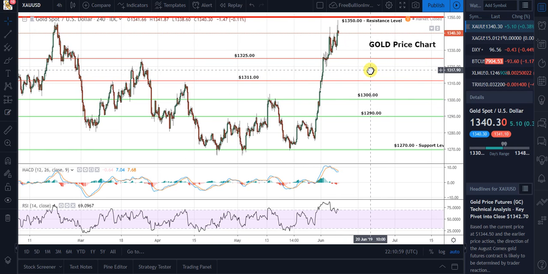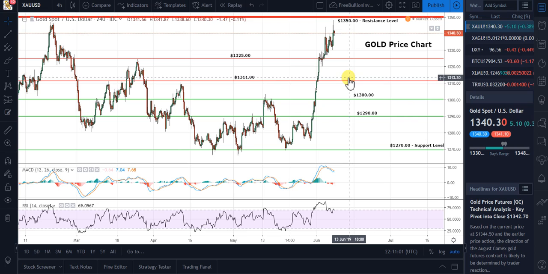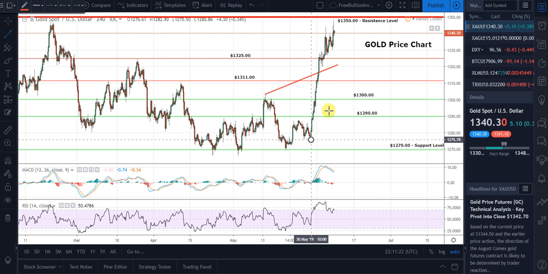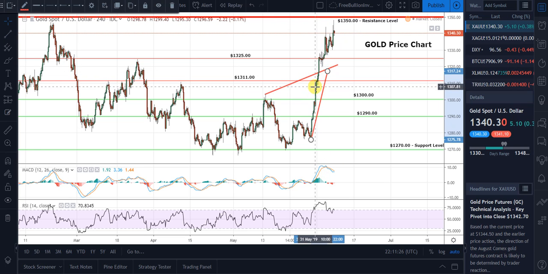Now, as far as its outlook goes for last week, I didn't draw any new patterns for gold simply because fundamentals were trumping, no pun intended, the technical analysis. I had found a rising wedge pattern in the price of gold. It would have come around this area somewhere. I gotta try to find where last week was.